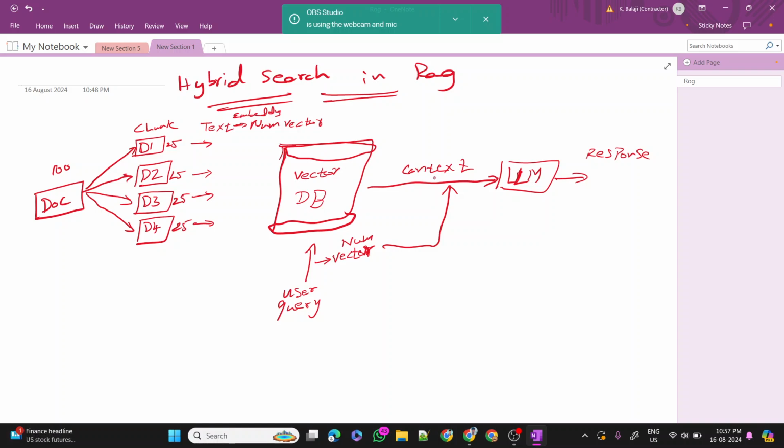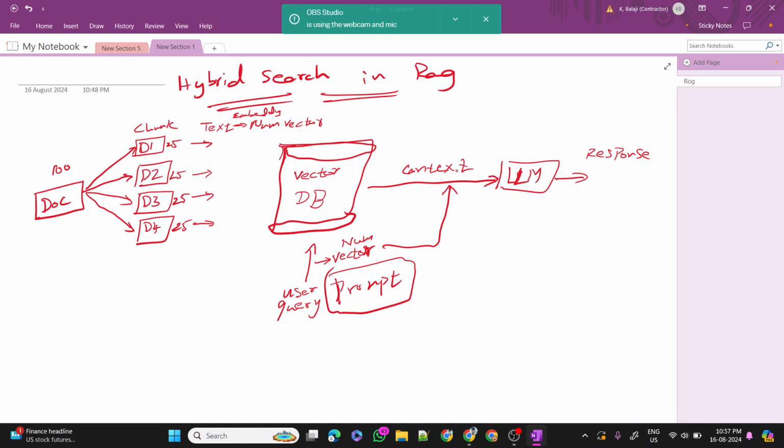To structure this in a human readable format, we provide it to the LLM. The user query is called the prompt. The context and prompt are given to the LLM.